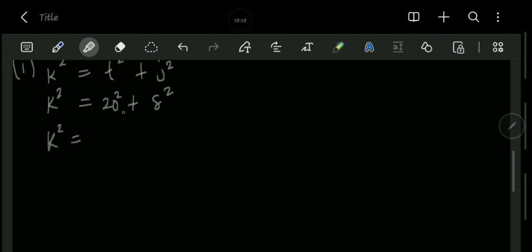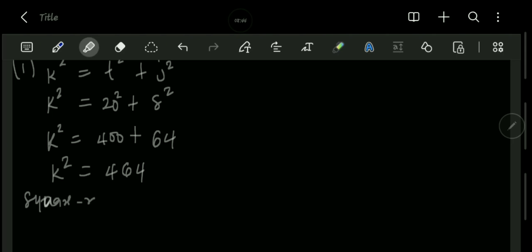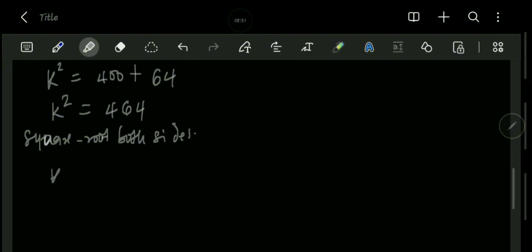So k squared will be: 20 squared is 400, 8 squared is 64. So k squared should be 464. And when you take the square root of both sides, you have that k will be equal to the square root of 464.